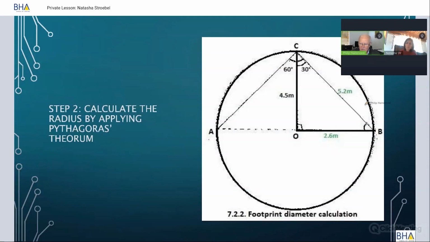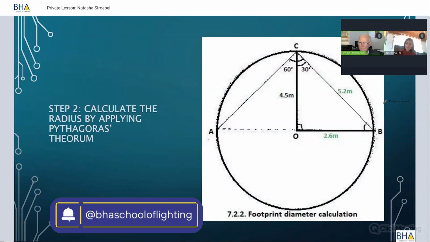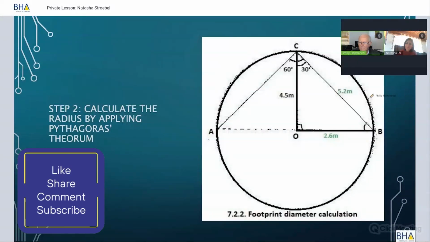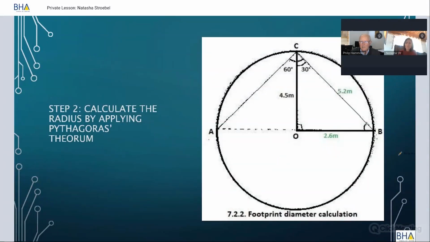Once you've got that value, you take the square root of it, and when you get the square root, it'll be 5.2 meters. So there we've got our right angle triangle. We know what all the sides of the right angle triangle are, and that's that. And we've now worked out what the size of the circle is.